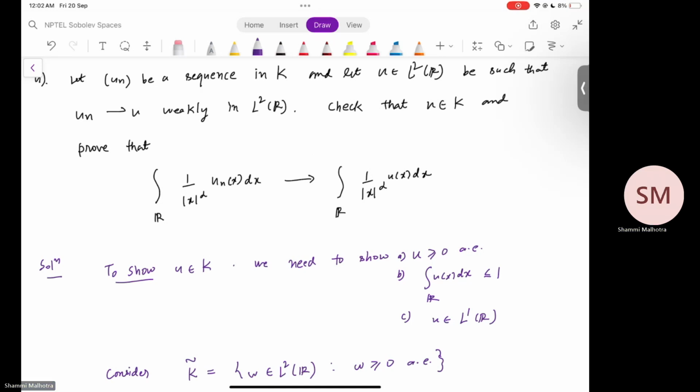So I already know that the u_n have integration less than or equal to 1. So we'll use this. The u also has integral value less than or equal to 1.